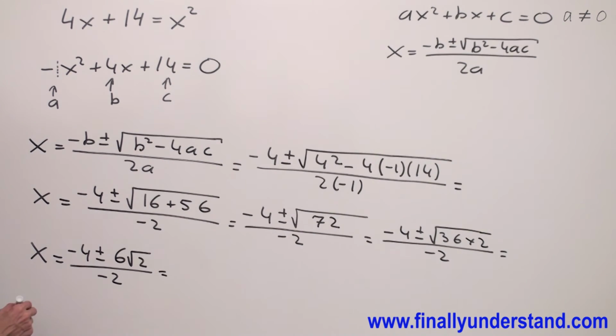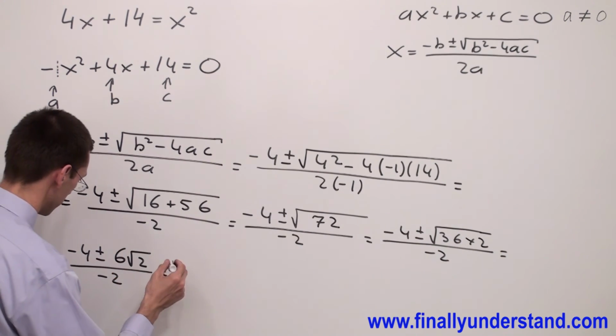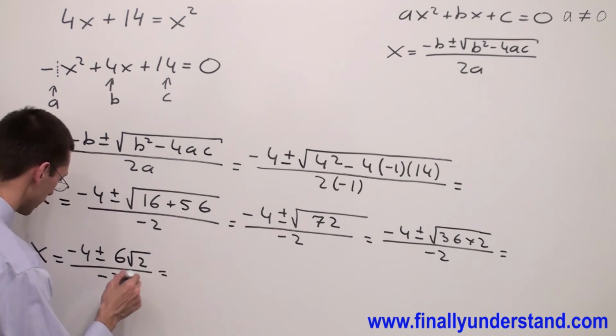Next, please notice that we have a negative sign in the denominator, and we also have negative signs in the numerator. So what are we going to do? We are going to factorize negative 2, because 4 is divisible by 2 and 6 is divisible by 2, so this is the common factor for these two terms.